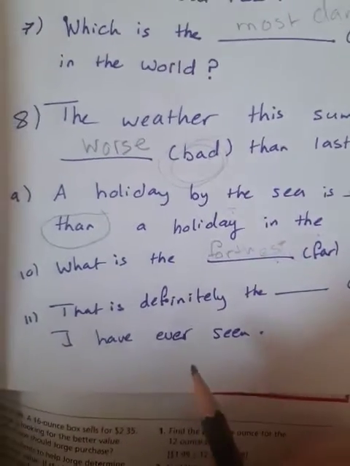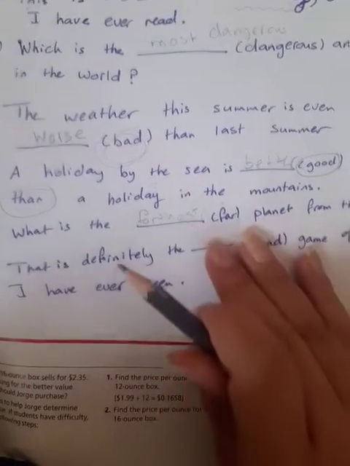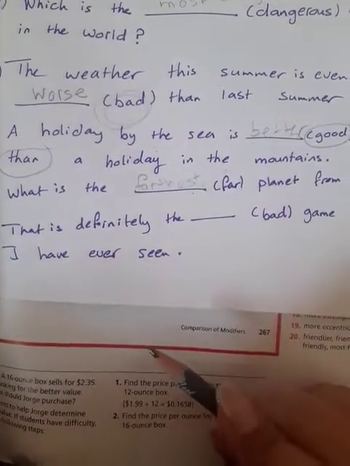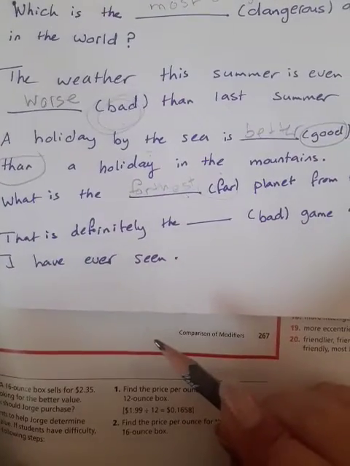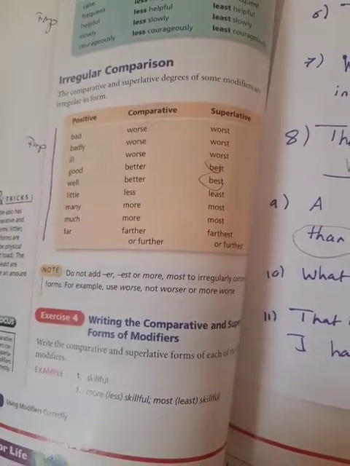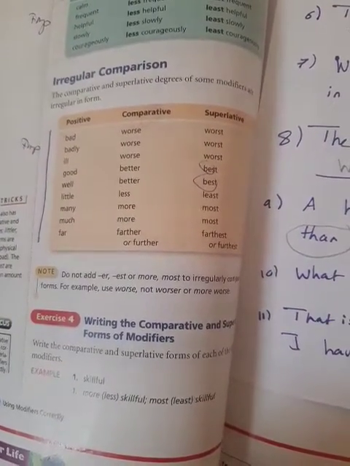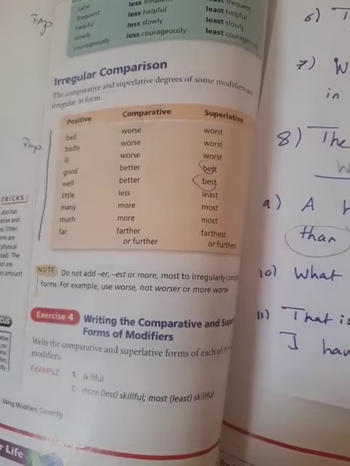Okay, now let's move to number 11 here. That is definitely the bad game of football I have ever seen. Now, if you move to the word bad, in comparative bad will become worse, in superlative, worst.